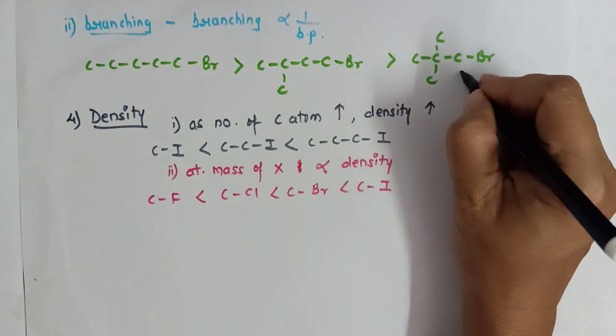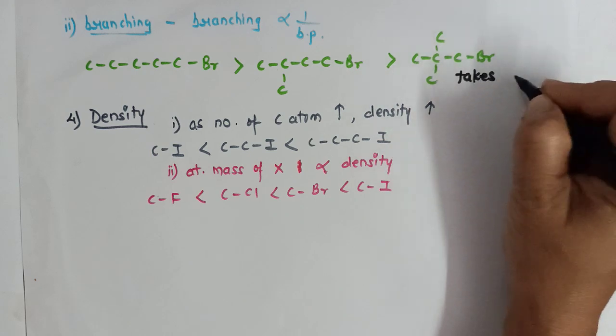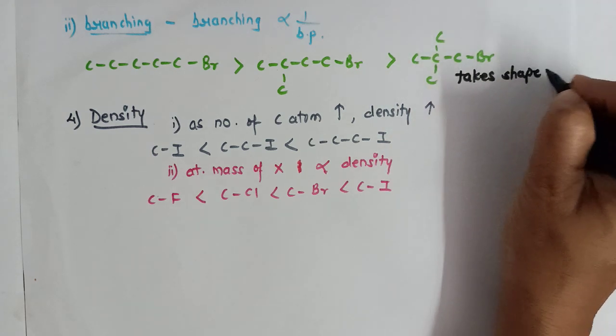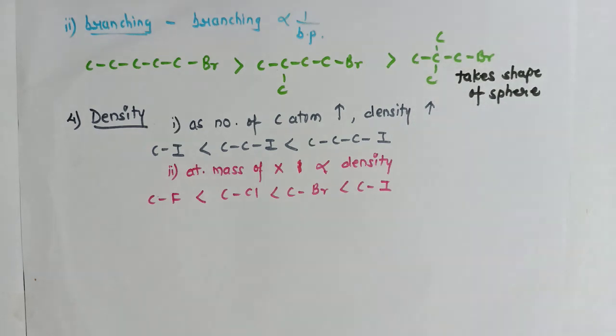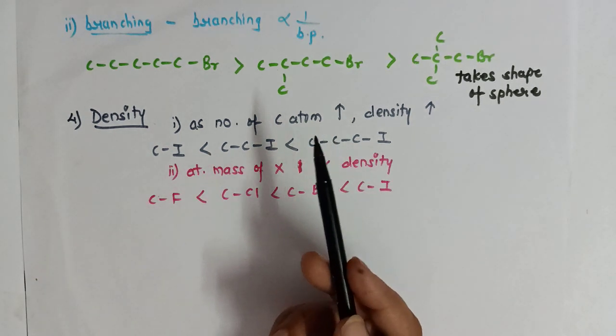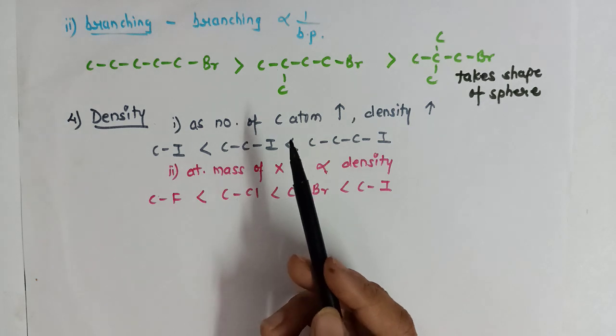Maximum branching, therefore it takes the shape of a sphere. This you have already studied in 11th class. As I have told at the starting of this video, this can be asked as a give reason question or an arranging the order type question. You will be asked to arrange them either in increasing order or decreasing order of boiling point.